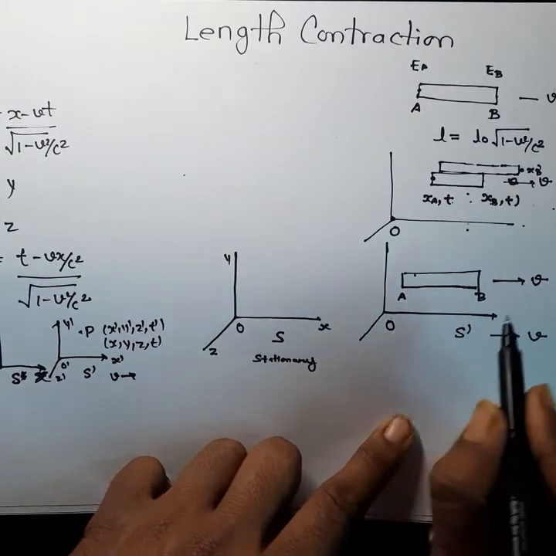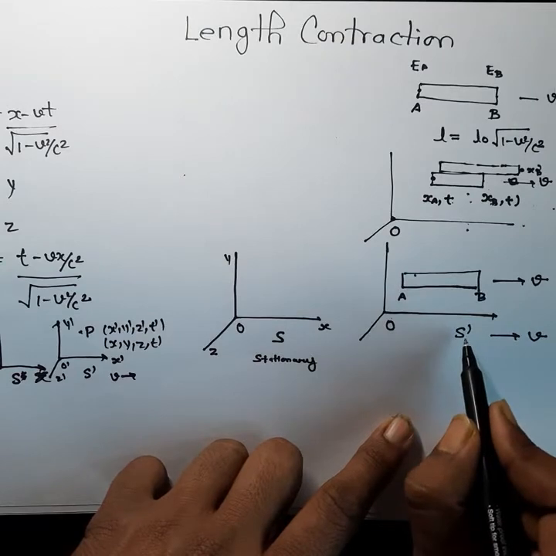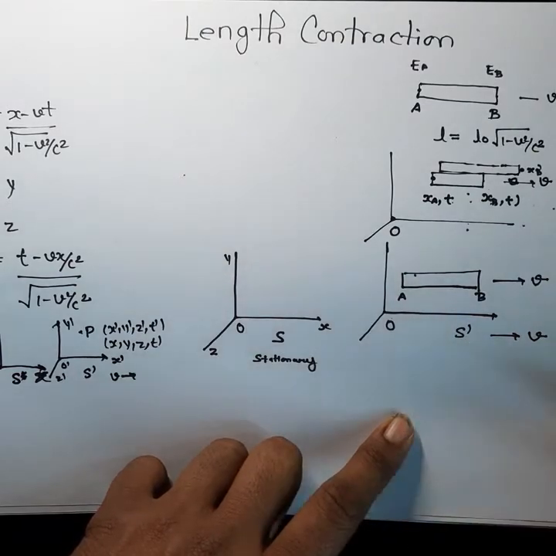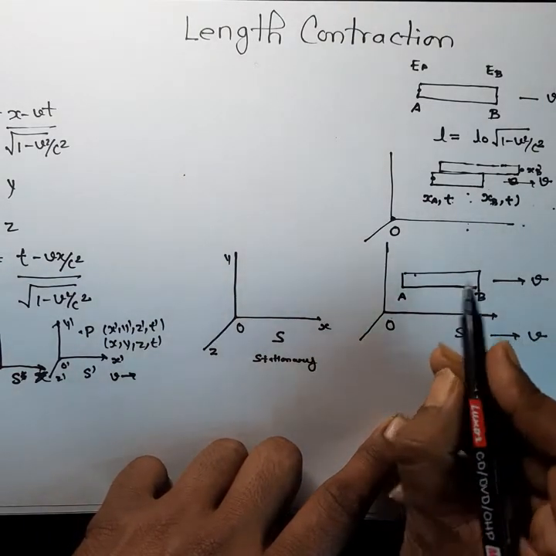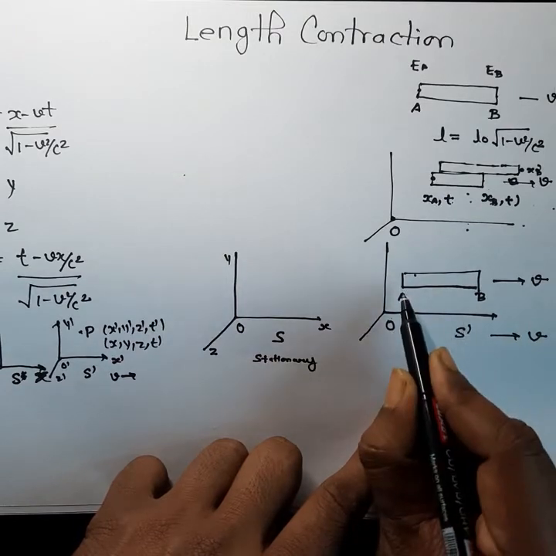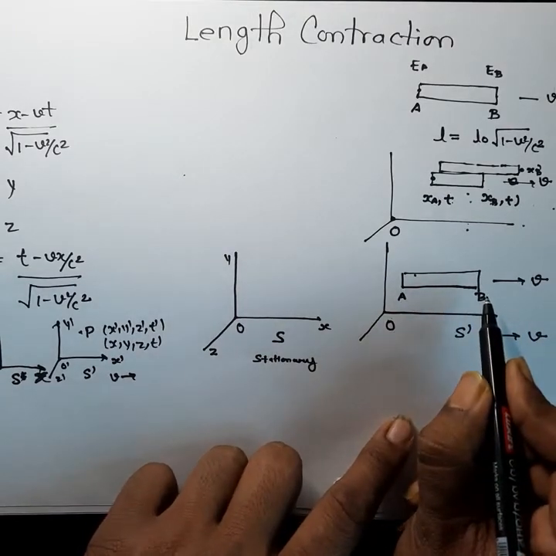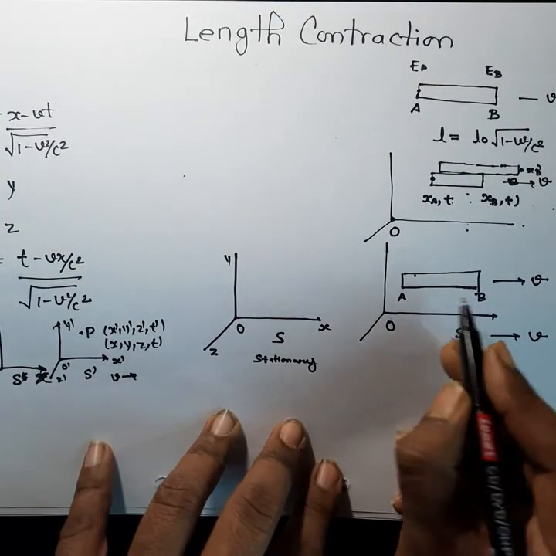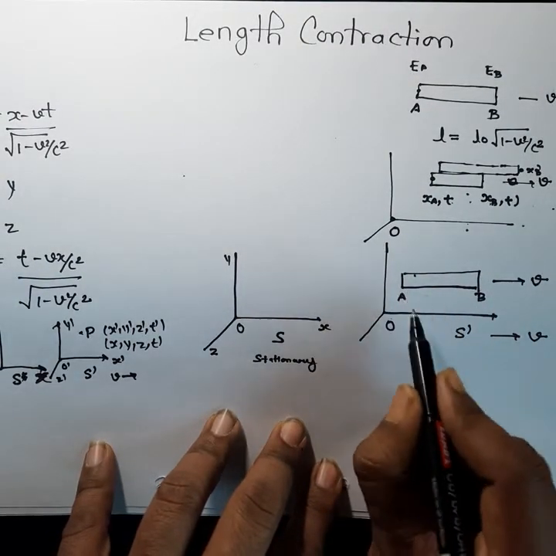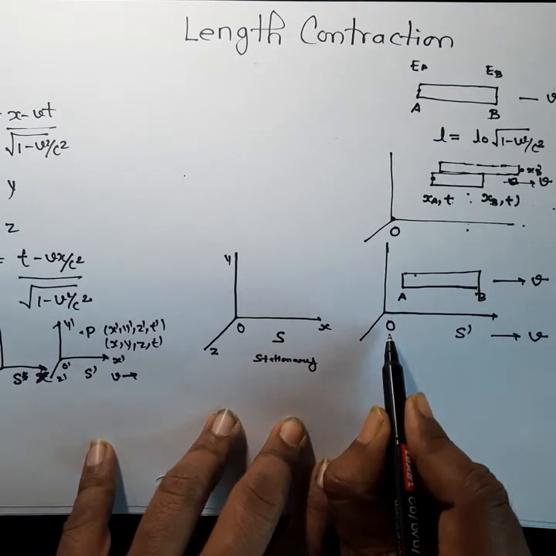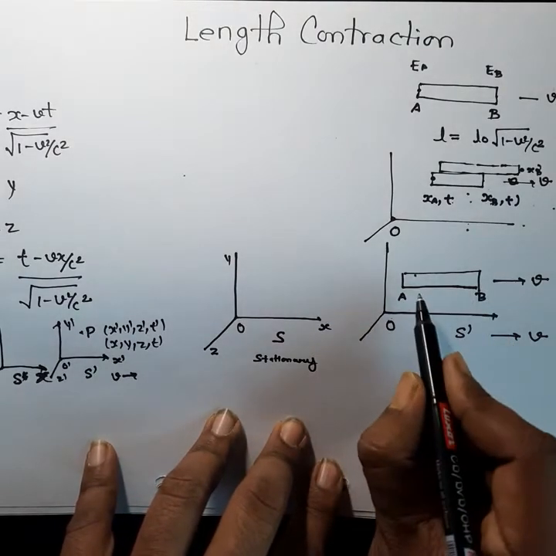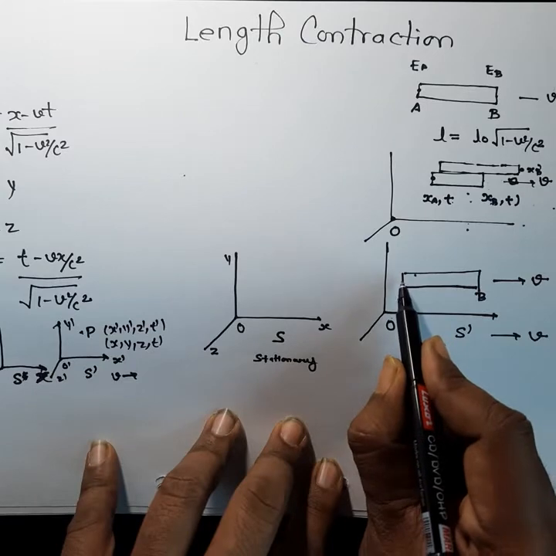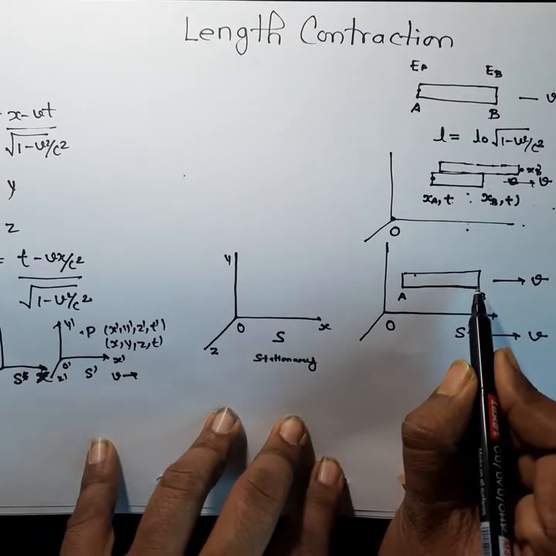Since the rod is also moving and the frame of reference is also moving with the same velocity in the same direction, for this observer, this rod is at rest. Since this rod is at rest, there is no restriction on the observer O to measure the ends A and B at the same time.